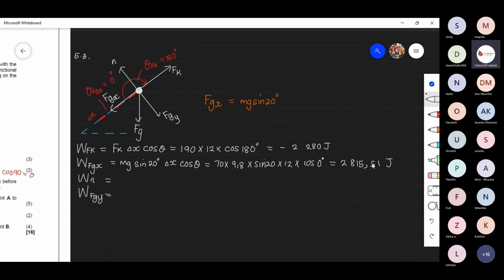Okay, so we have now calculated the work done by kinetic friction and the work done by our parallel component of Fg. Now let's have a look at the next two. For the sake of space, I'm actually going to erase them and just verbally discuss the answers.